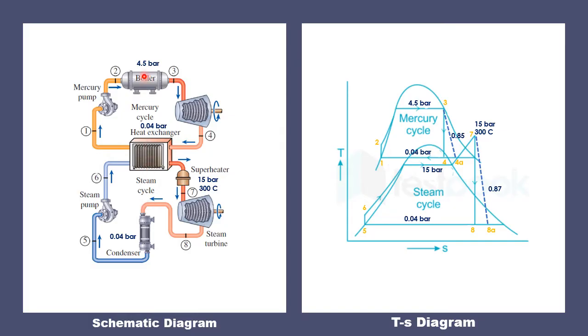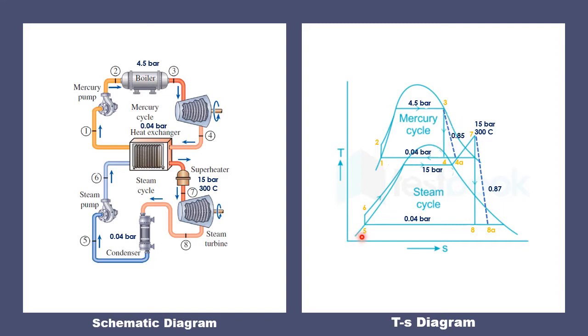Also, based on the problem, the boiler pressure is 4.5 bar and the condenser pressure of the mercury cycle is 0.04 bar. That's why the topping cycle, as you can see here in the TS diagram, is composed of 4.5 bar and 0.04 bar. It's also given in the problem that this turbine for the mercury has an isentropic efficiency of 0.85. That's why there's a deviation from the isentropic process 3 to 4.